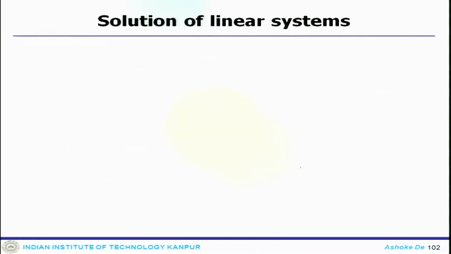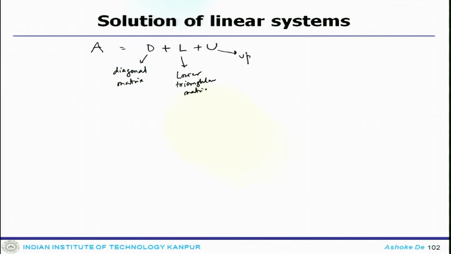In the iterative process, one important thing is how we handle the coefficient matrix A. We decompose it as D plus L plus U, where D stands for the diagonal matrix, L for the lower triangular matrix, and U for the upper triangular matrix.